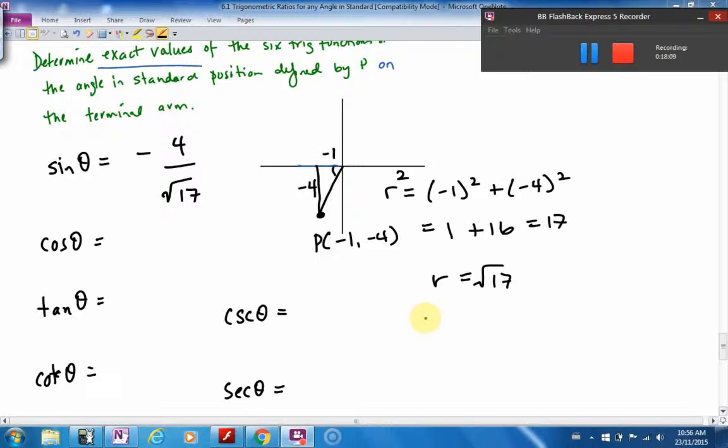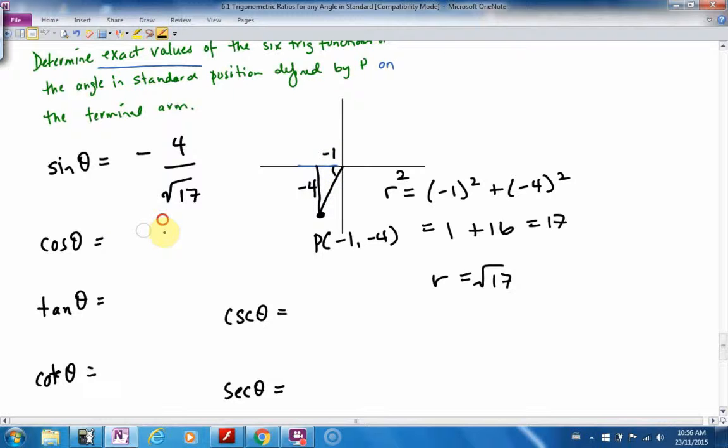What are you getting for the cosine of theta then? Colin Olson? A little bit louder for me, please. -1 over root 17. How are you getting that? Cosine is? Yeah, adjacent over hypotenuse. So -1 over root 17. Tangent theta is what?